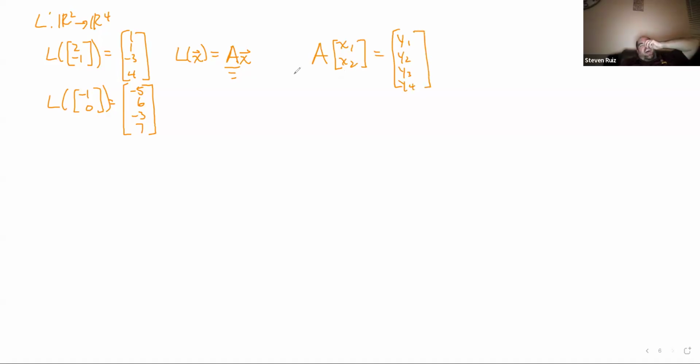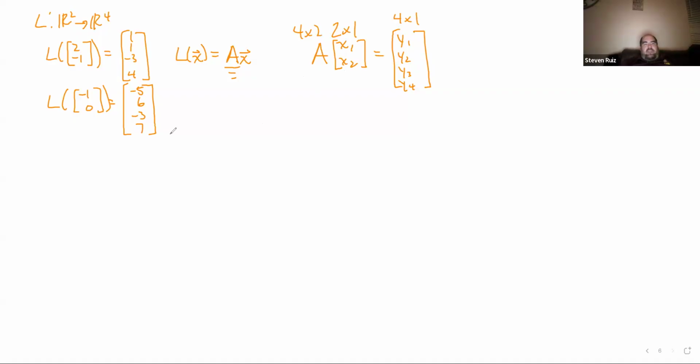So what does that imply about the number of rows and columns in A? Four by two. It should be 4 by 2, because this is a 2 by 1 and this is a 4 by 1. The only way for this to make sense is if A is a 4 by 2. Okay, so A is a 4 by 2 matrix.